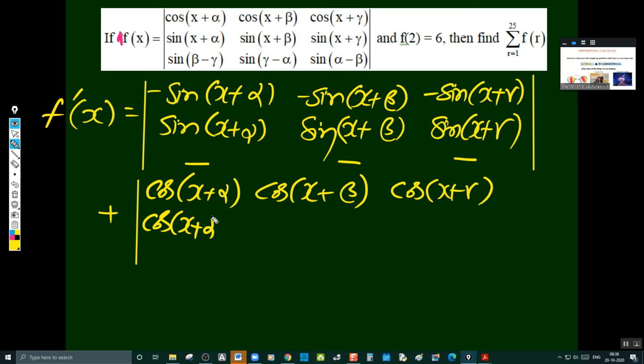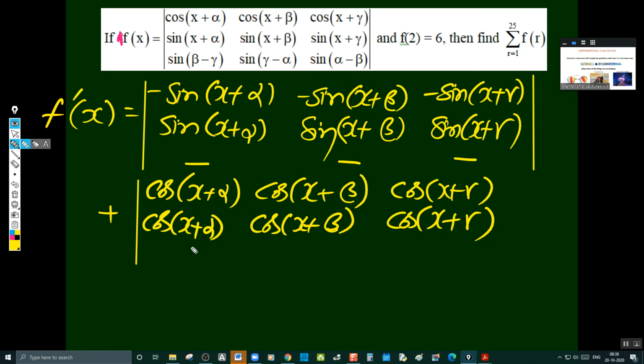Now the third row I need not write. It obviously becomes 0, and the third row is a constant, so if you find its derivative, that becomes 0.